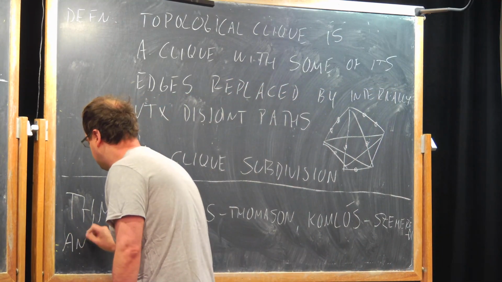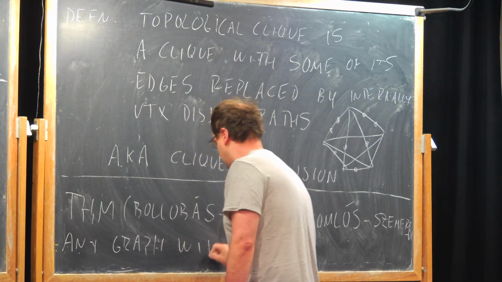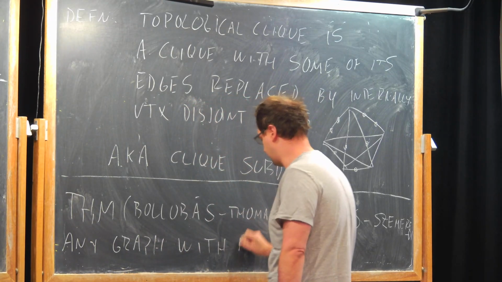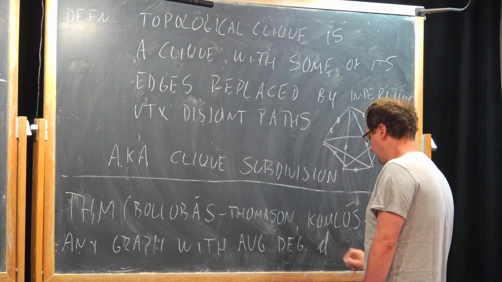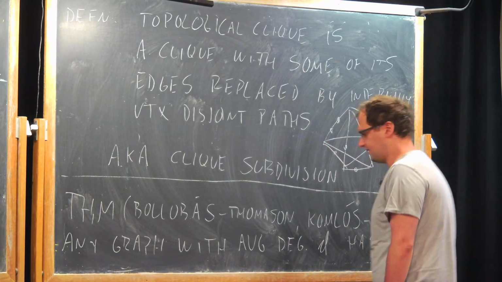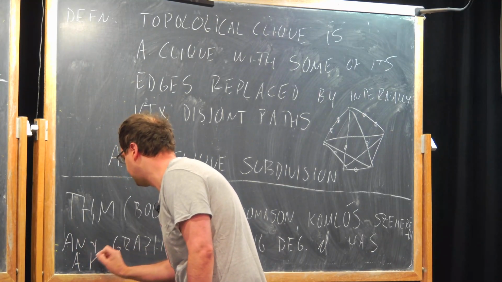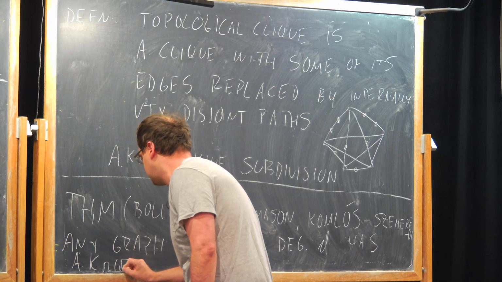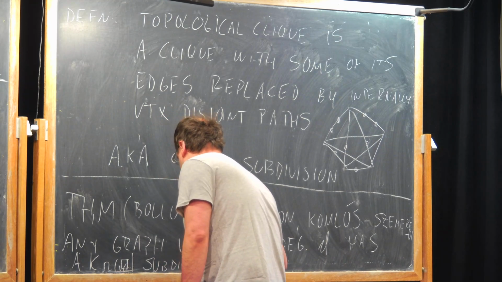Any graph with average degree D has a topological clique, let me write, a K_{Ω(√D)} subdivision.